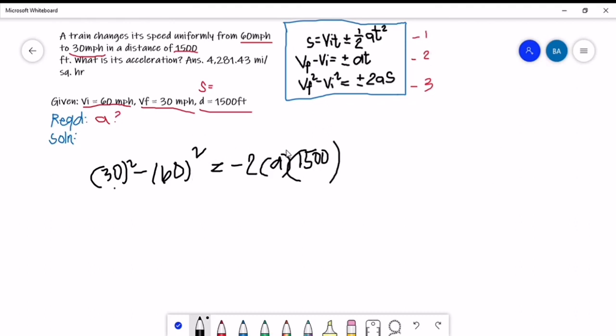Or if you're going to use feet or meters, everything is in meters. As you can observe here, this is already mile per hour, and this is mile per hour also, and then this is in feet. So before we substitute the displacement, we must first convert this into a mile unit. So 1,500 feet.